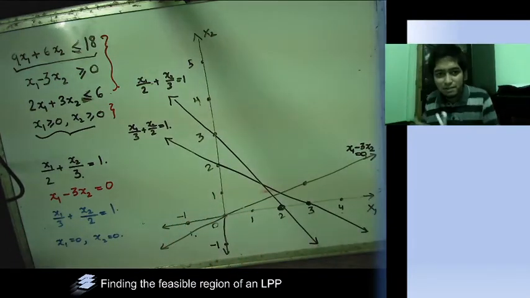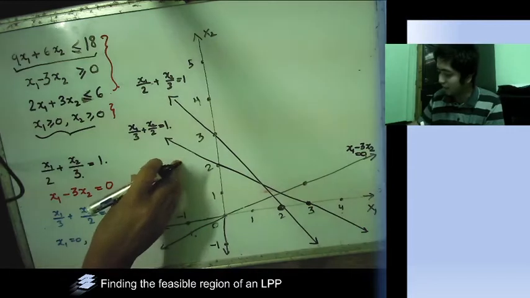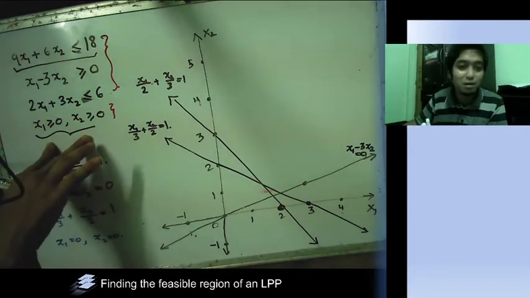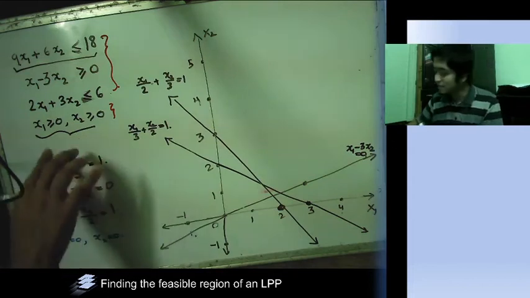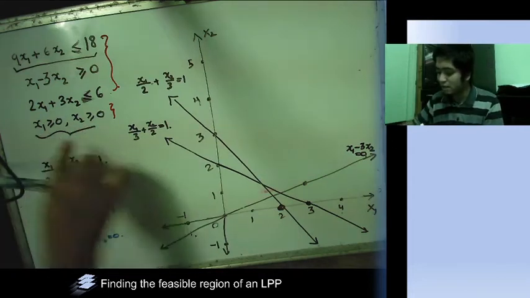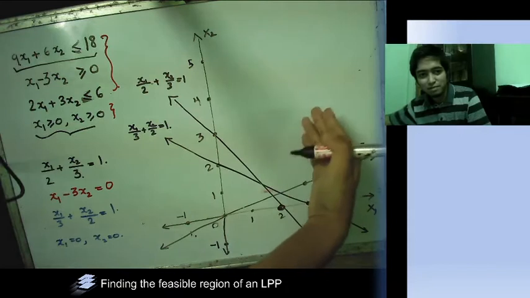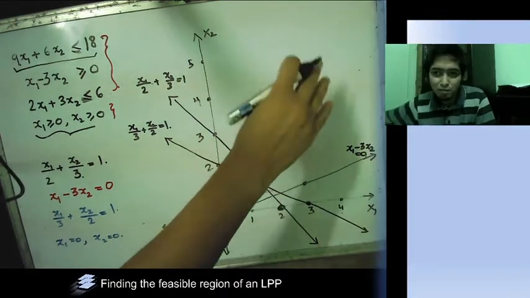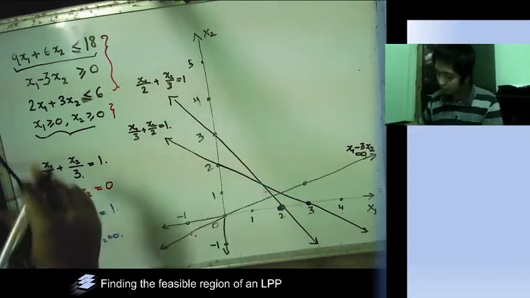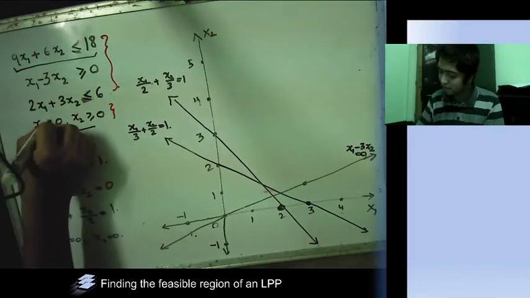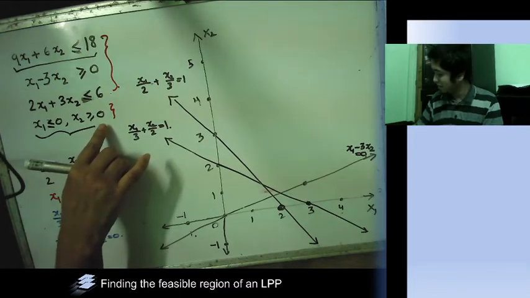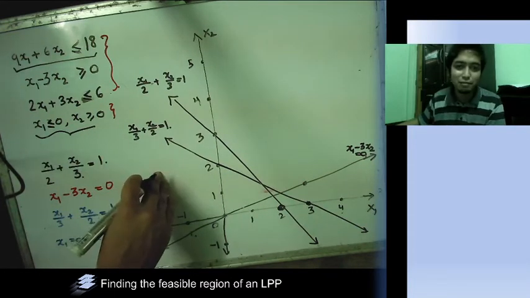So the feasible region cannot be anywhere in the second, third or fourth quadrant, because these two non-negative conditions imply both the coordinates are positive or 0. If the feasible region exists, it should be here in the first quadrant. If x1 is less than 0 and x2 is greater than 0, then you will have it in the second quadrant.